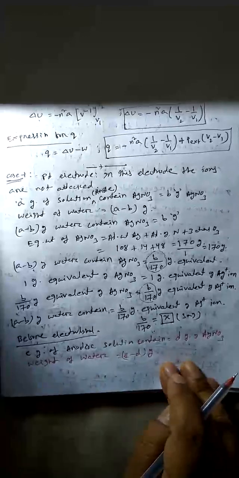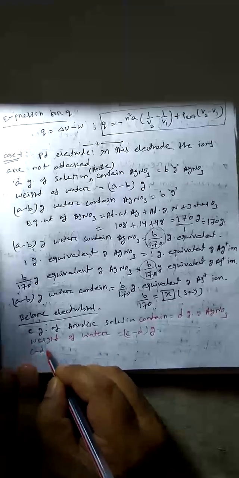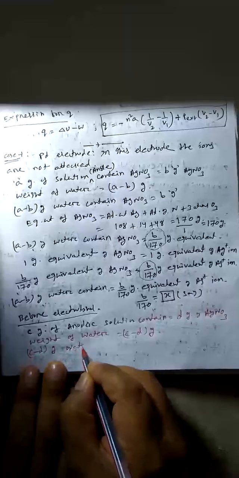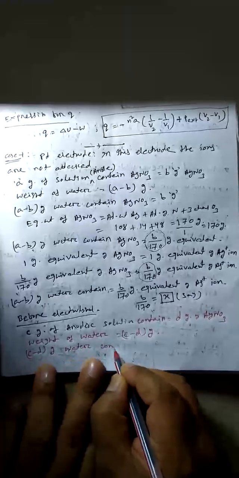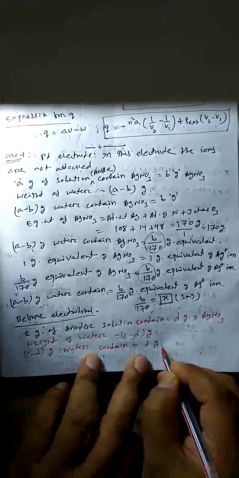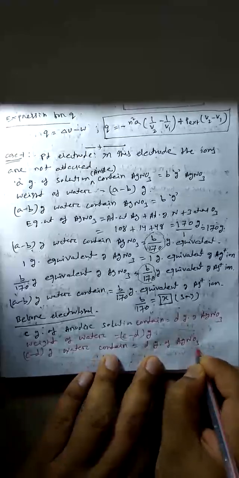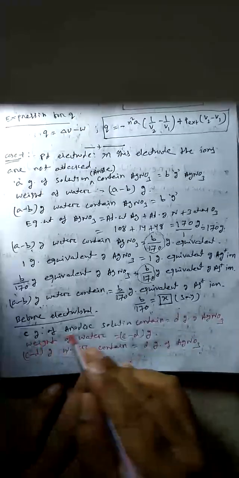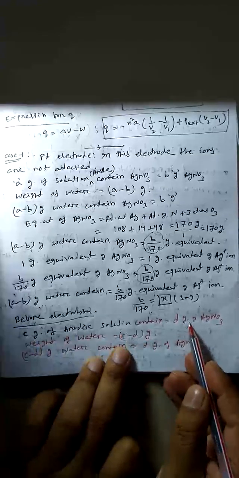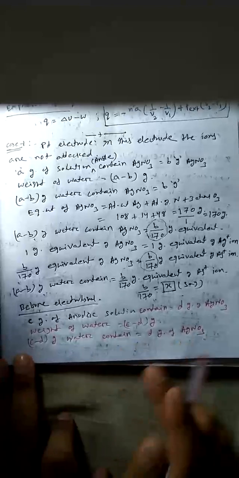That means C minus D gram of water contains D gram of silver nitrate, because this C gram of anodic solution contains water plus D gram of silver nitrate.